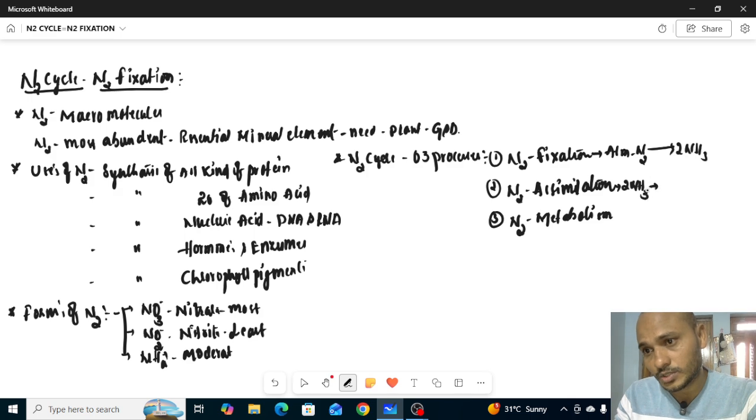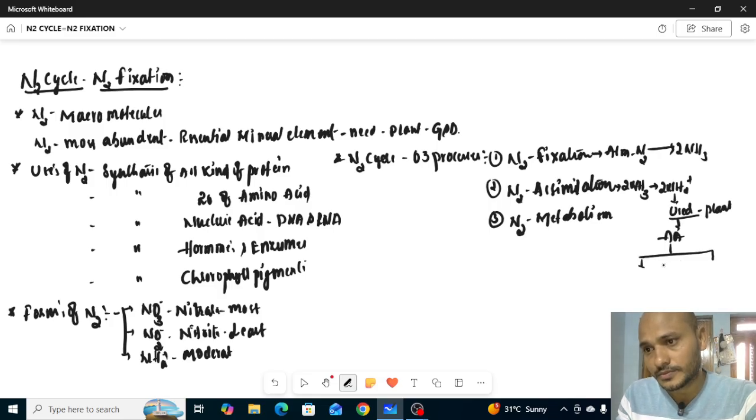Actually this ammonia is converted into an ammonium ion, which is later used by the plant for the synthesis of amino acids.